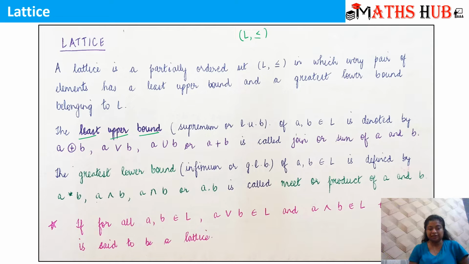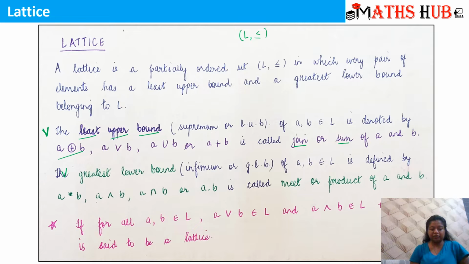You can give the notation A plus B, or A join B. It also means the same as A union B. It will be denoted by this symbol, which is called join, and throughout this chapter we will call it join or the sum of A and B.